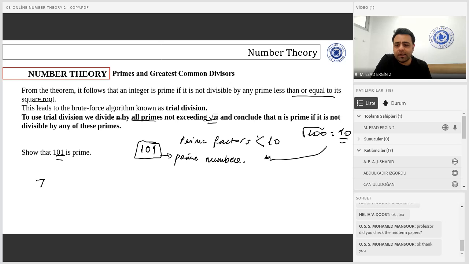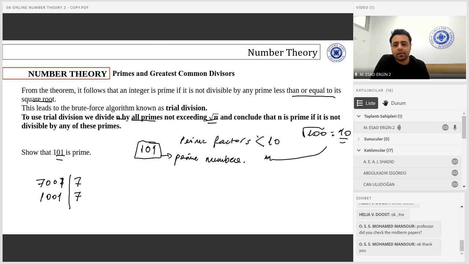For example, if we try to factor 7007, at first we check if it divides by 2 or not. No, it cannot be divided by 2. We check 3, it cannot be divided by 3, and it cannot be divided by 5 either. The first one is 7. So for 7, it will be 1001. And 1001 can be divided by 7 too.